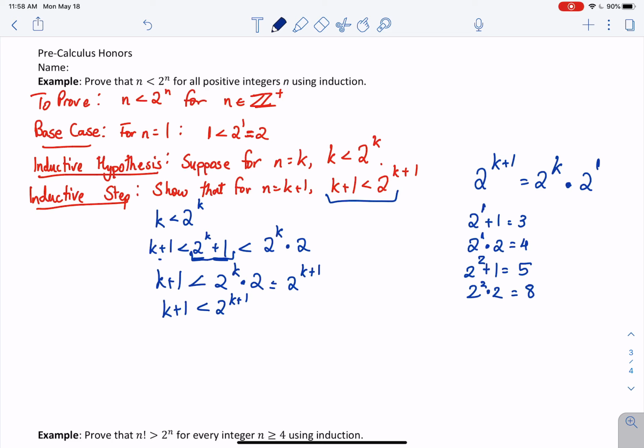And the guiding principle is to make this statement happen, so we want it to look like that statement. We're doing everything we can to rewrite things, sticking to math rules that we know.